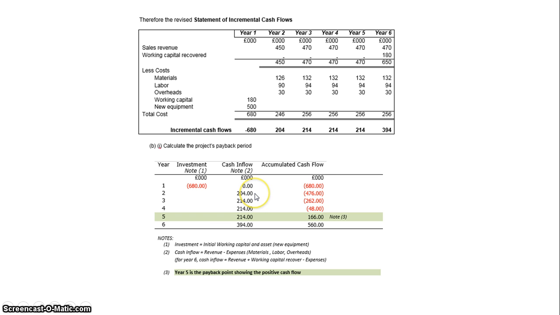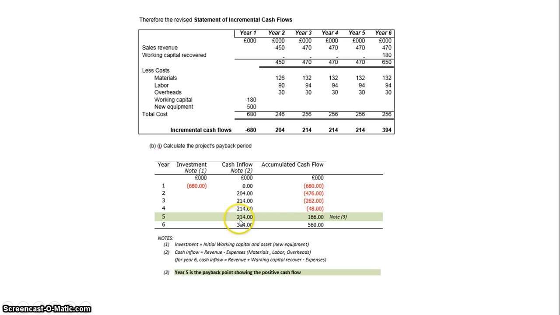In the second year, you have an inflow of 204. Minus 680 plus 204 will give you minus 476. Minus 476 plus 214 will give you minus 262. Minus 262 plus 214 will give you minus 48.